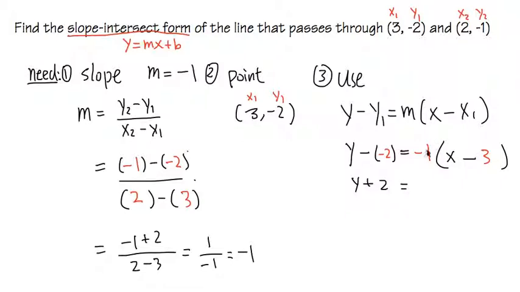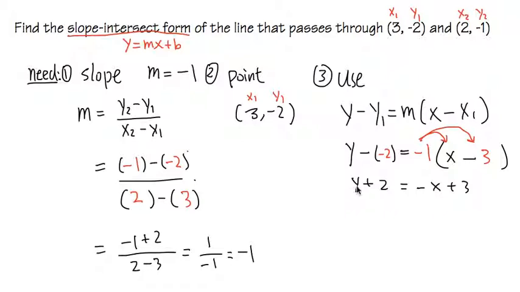That's equal to, I have a -1 in front of the parentheses. I will have to take the -1 and distribute it into the parentheses. And now this is -1 times x, which is -x, -1 times -3, which is +3. I need to isolate the y in order to match with this formula right here.